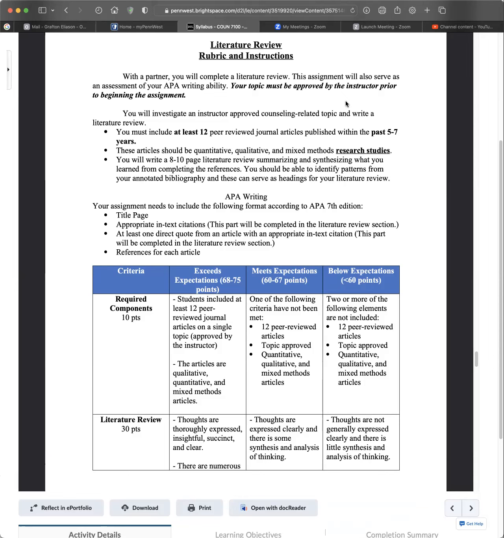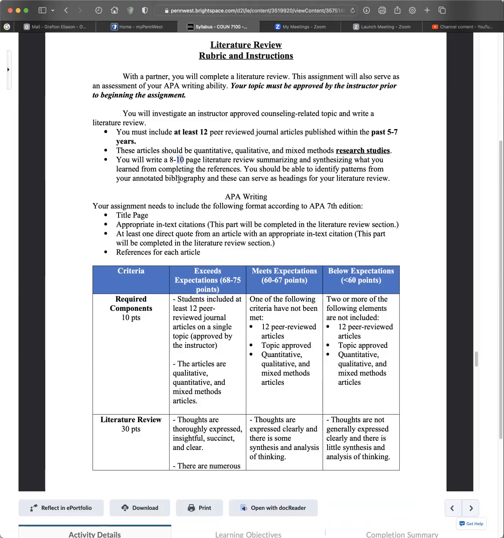But what I want to explain to you is that it should be a minimum of 7 or 8 content pages, and it could be 10 to 11 pages that includes title page, references, and abstract, because that's 3 pages right there. So we want about 7 or 8 well-written content pages. We want it to be a total of 10 or 11 pages, including title page, references, and abstract. And this is just the lit review. This is not the final paper.